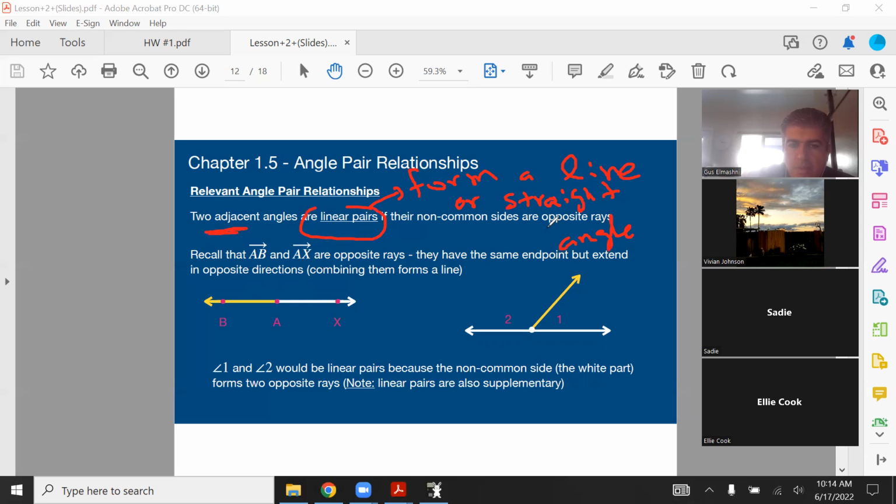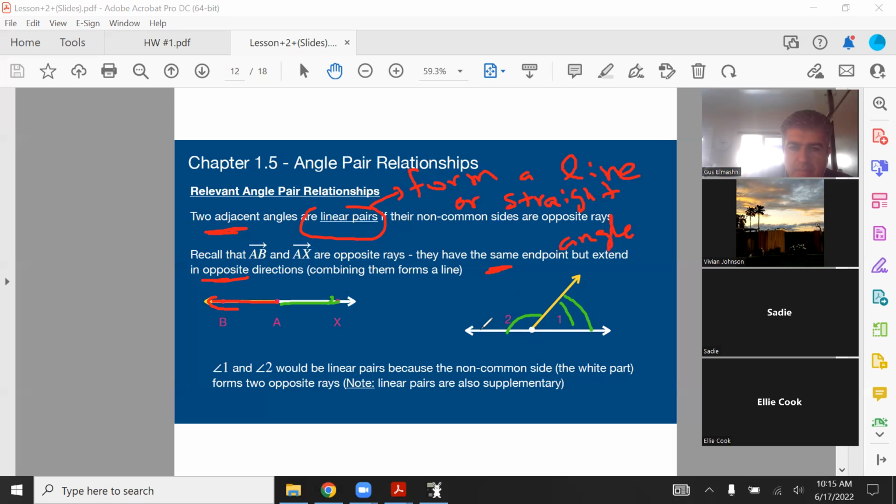So basically there are two rays that go in completely opposite directions. And they share an endpoint, but they go in opposite directions. So like here's ray AB and ray AX. Or they could look like this.